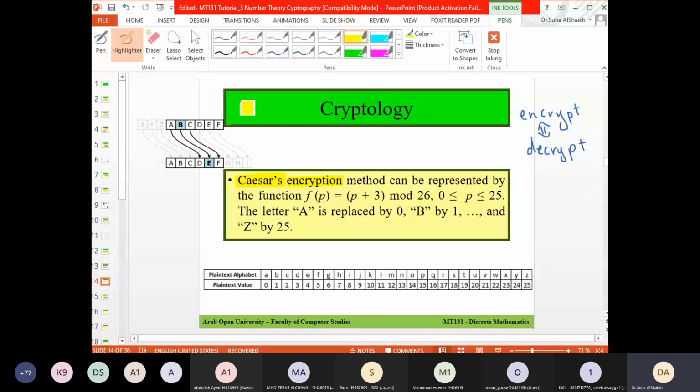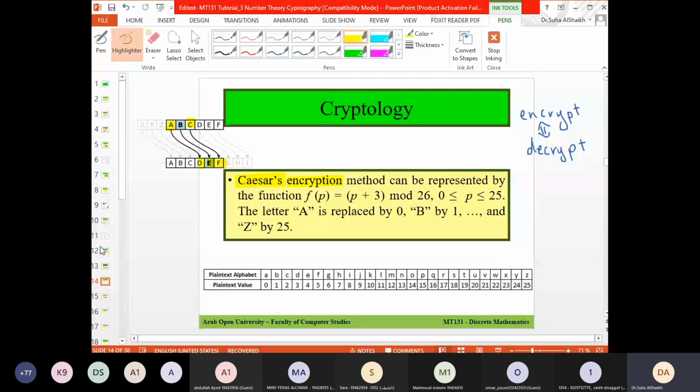Like you can see here in the figure, the letter A I moved to D. The letter B I took to E. Notice A, B, C, D. B went to C, D, E, and so on. C goes to F, and so on. Each letter will go 3 letters forward. This is a method of encryption. I have a word that I don't want anyone to understand, so I will shift it 3 steps forward, I will move 3 letters forward.